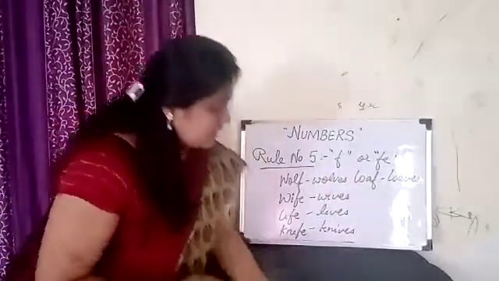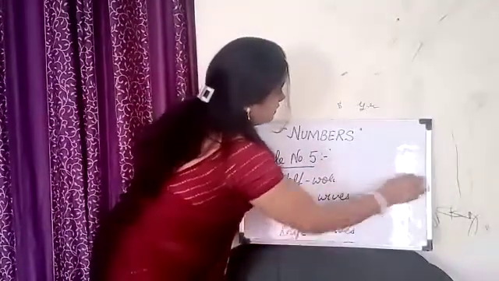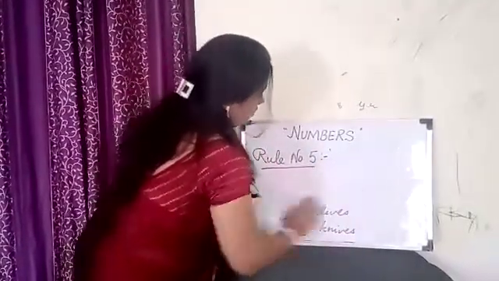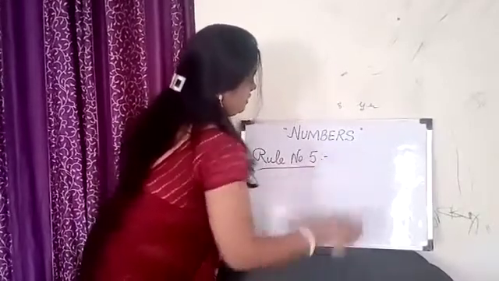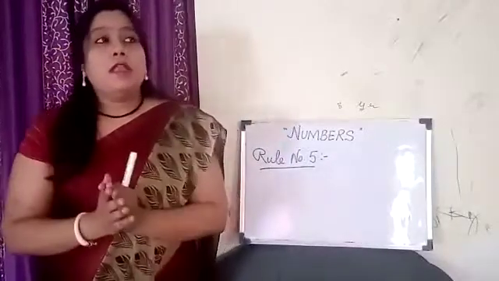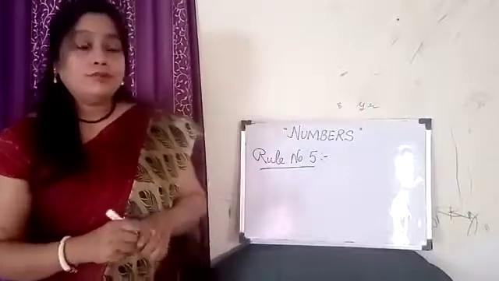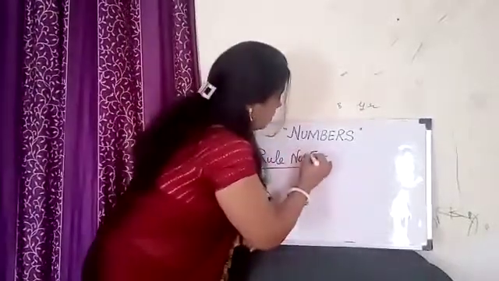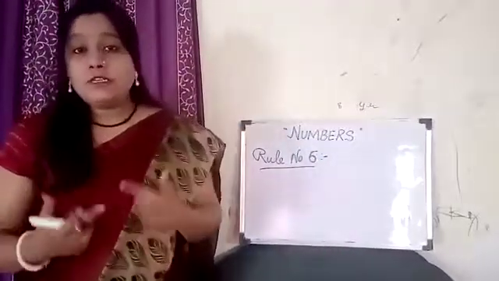The sixth rule says that if there is o at the end of the noun, like tomato, cargo, volcano, how will you convert it into its plural form?